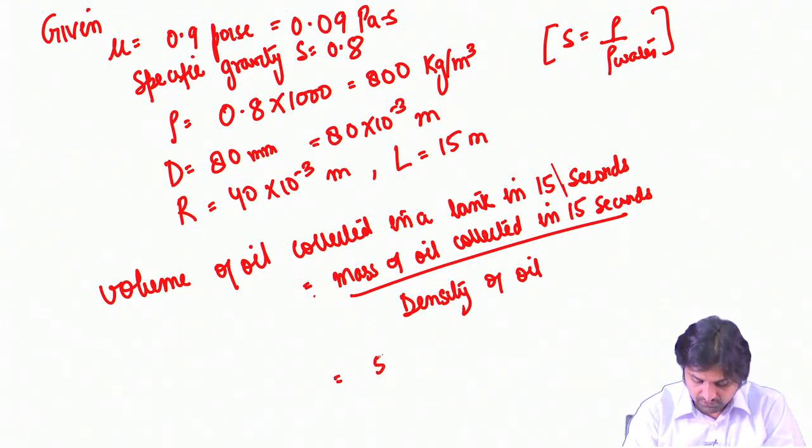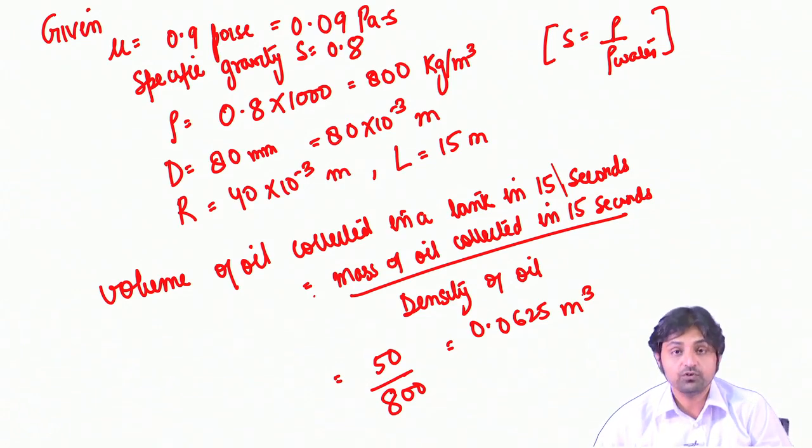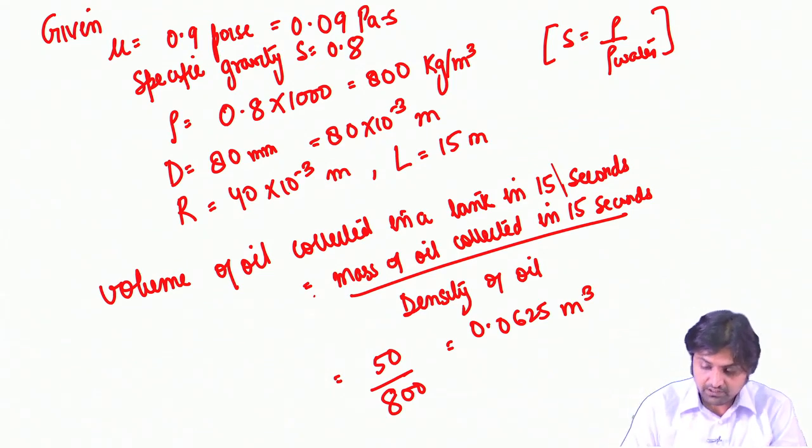That is 50 divided by 800, that is 0.0625 meter cube. This is the volume of the oil that is collected in a tank in 15 seconds.